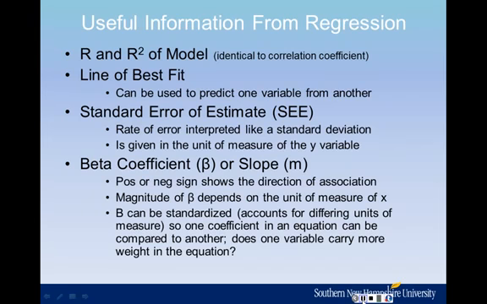Once you standardize and account for the different units of measure of all of the x variables in an equation, you can compare one to another to see which one carries the most weight. The bigger the standardized beta coefficient, the more weight it carries in the equation.